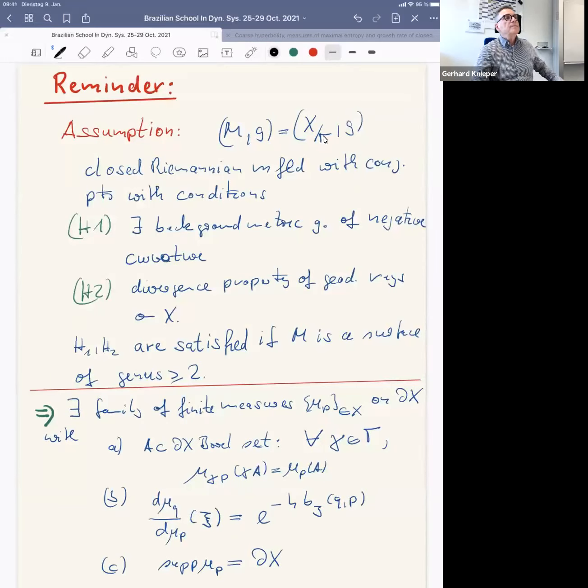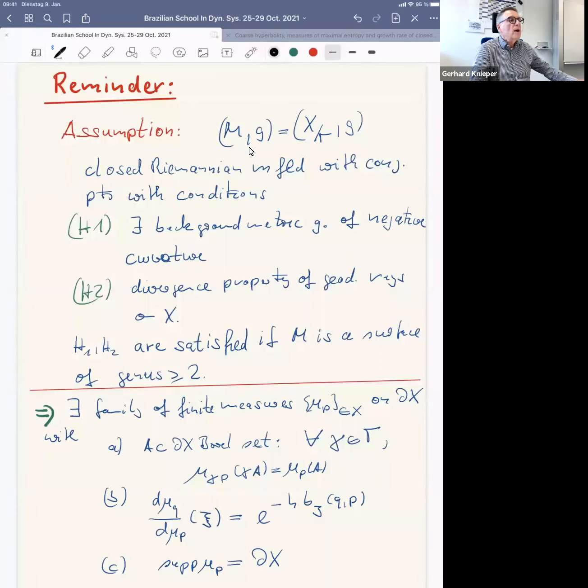If we leave it like that, we cannot say much about the dynamics, say, of the geodesic flow or whatsoever. So we need to have at least some conditions, which I call coarse hyperbolicity conditions.